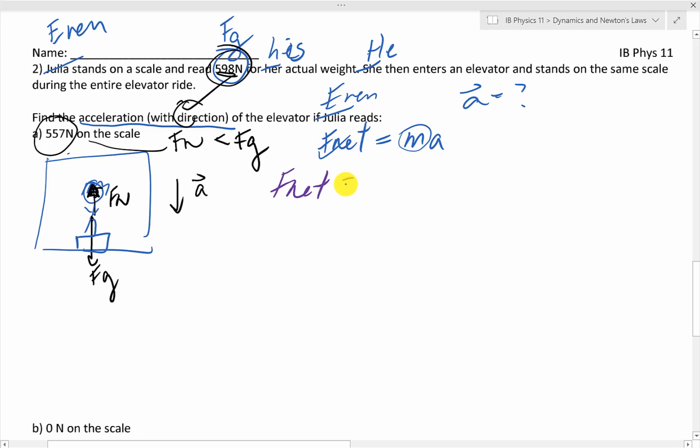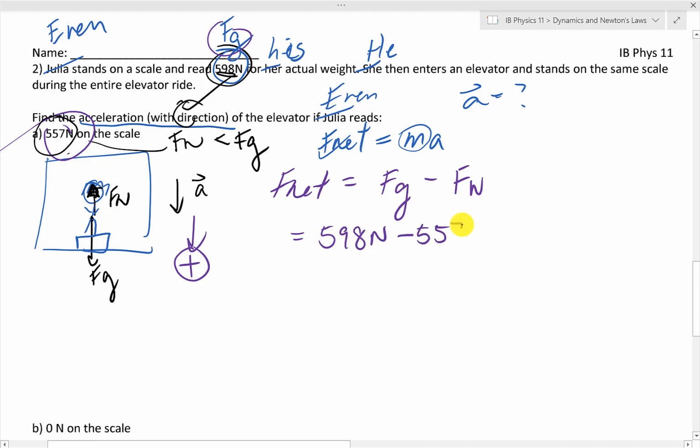I'm going to choose the downwards direction to be positive since the elevator is accelerating downwards. So we have Fnet is equal to Fg minus Fn. We know both Fg and Fn, so let's calculate Fnet first. We have the Fnet is 41 newtons in the downwards direction, and we will then need to use it for Fnet equals ma.